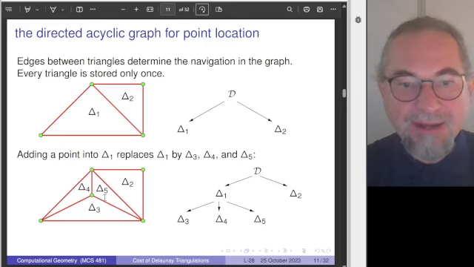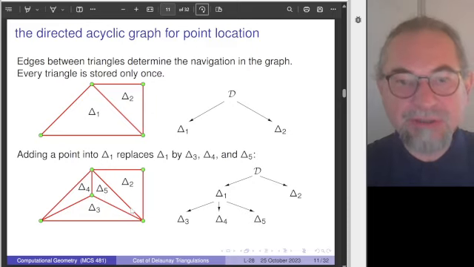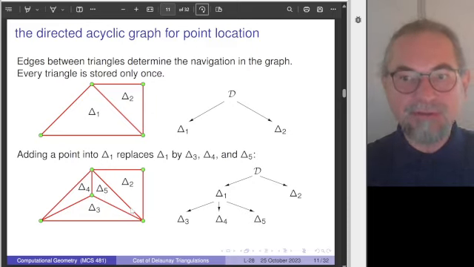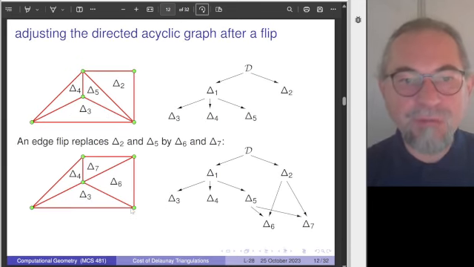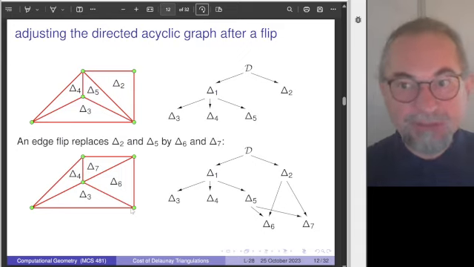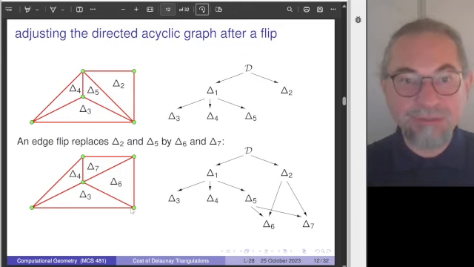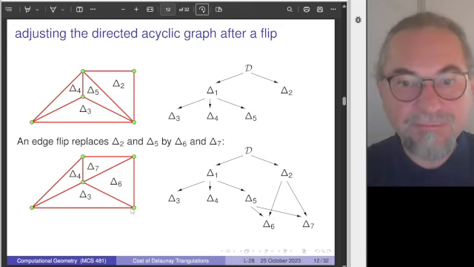So the adding of the point is actually not yet the entire update. So there is a next step. So we must replace the illegal edge that is shared between delta 2 and delta 5.